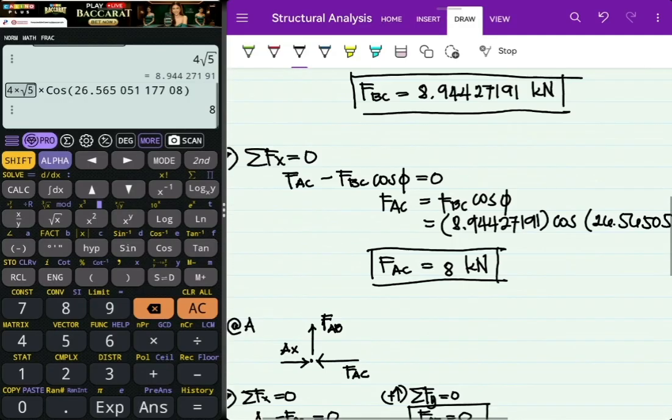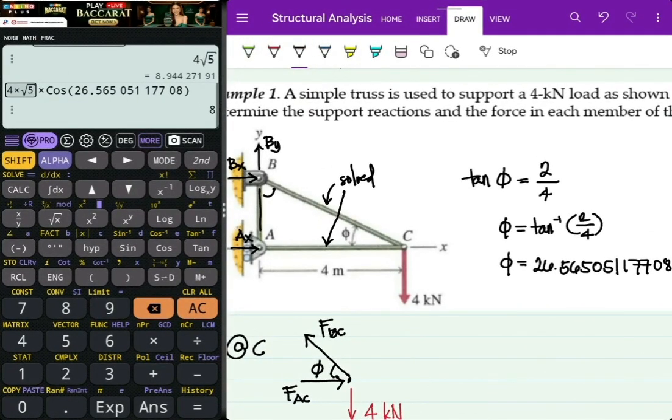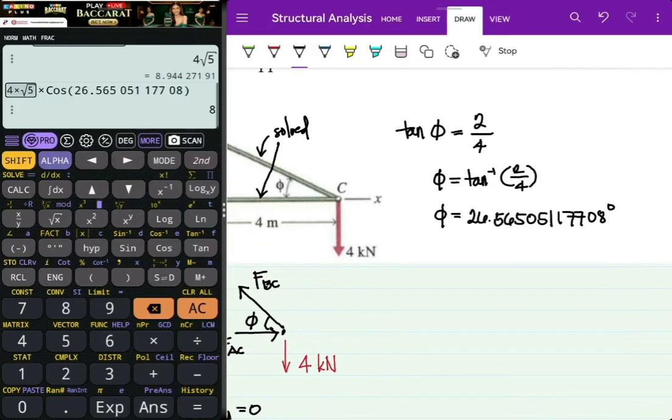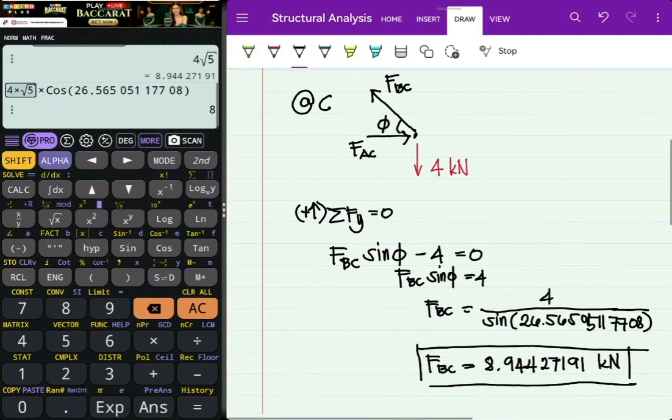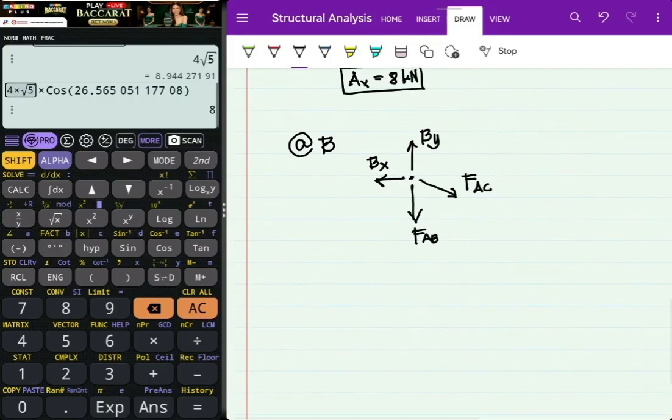Now, here, this is theta. No, this is phi. Let's say the angle between AB and BC is theta, and theta is 90 degrees minus phi. Okay, so we say this is theta.